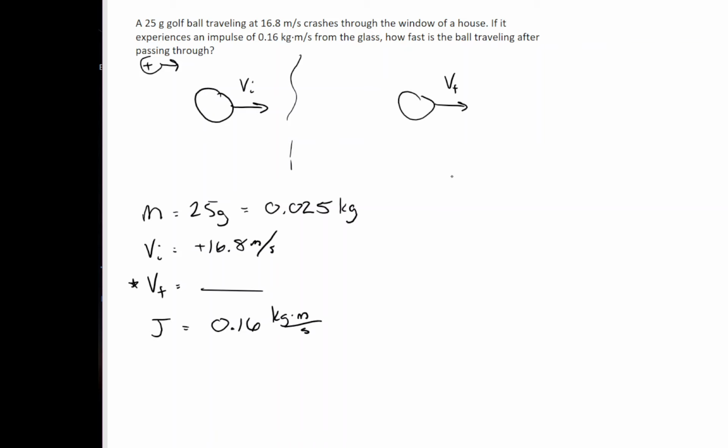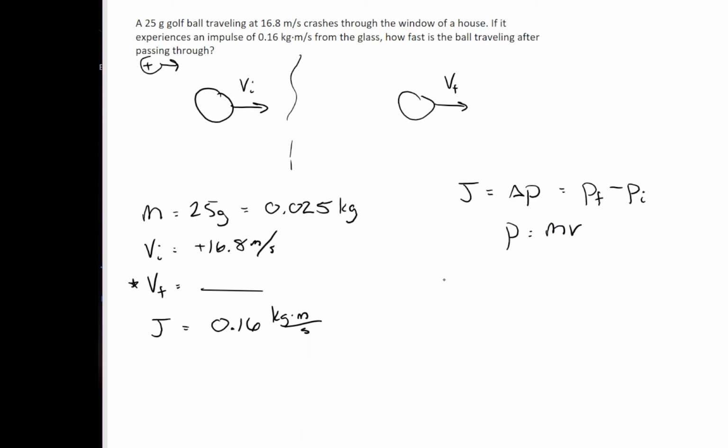And if you recall, we got a couple equations here. We know that impulse is equal to the change in momentum of an object. And change in momentum is just the object's momentum at the end minus the momentum at the beginning. But momentum, remember, is P equals mv, right?